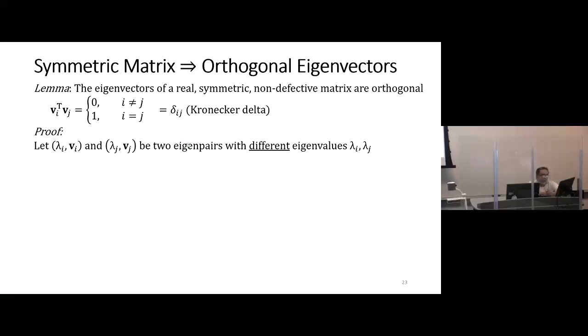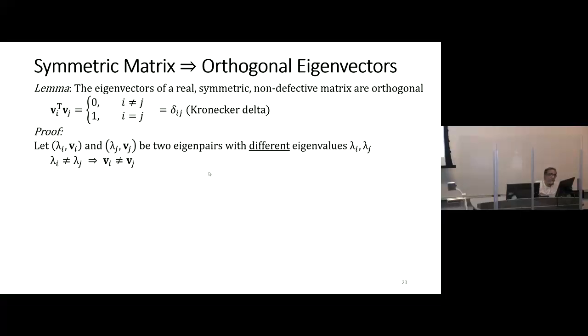Let's try to prove it. So let lambda i, Vi and lambda j, Vj be two eigenpairs, and they have different eigenvalues. Lambda i is not equal to lambda j. So Vi is not equal to Vj.